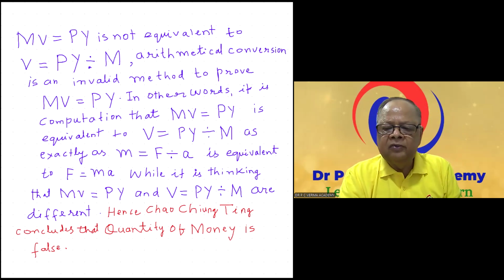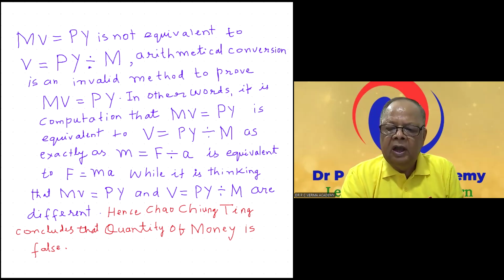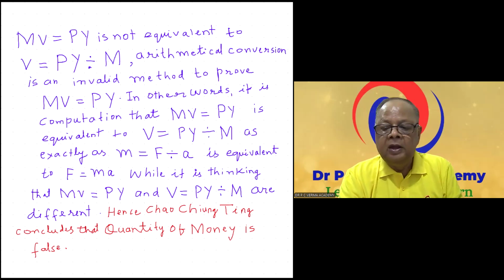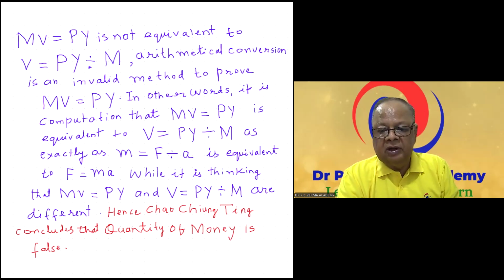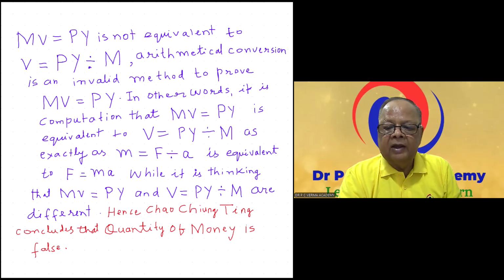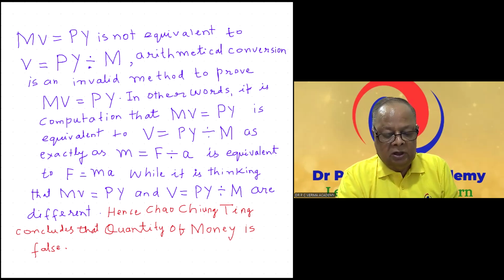So whatever Fisher discusses, that quantity of money and price level, he pointed out, other things remaining the same, there will be a direct relationship between quantity of money supply and price level. The higher the supply of money in the economy, the higher will be the price level, and there will be a problem of inflation in the economy.